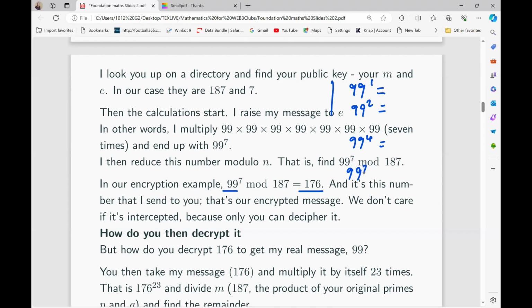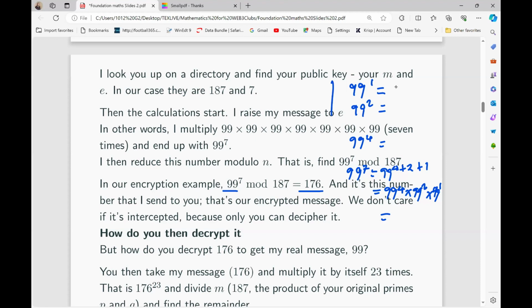So 99 raised to 7 will be the same as 99 raised to 4 plus 2 plus 1, because 4 plus 2 plus 1 is 7. So this is the same as 99 raised to 4 times 99 raised to 2 times 99 raised to 1. When you use your calculator, we already did this, you'll find 176.